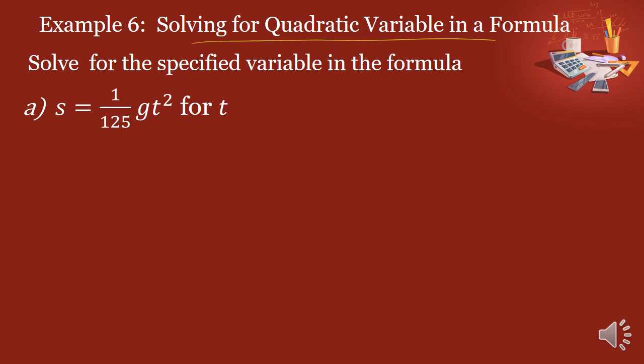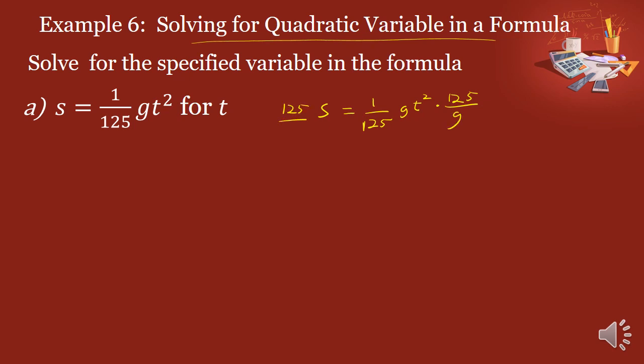We want to solve this equation for t, which basically means that we want to isolate t. So let's go ahead and do that. The first thing we do is multiply both sides by 125 divided by g. So we have s is equal to 1 over 125 g t squared, and we multiply both sides by 125 divided by g.